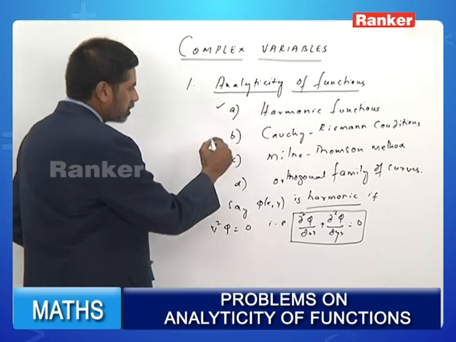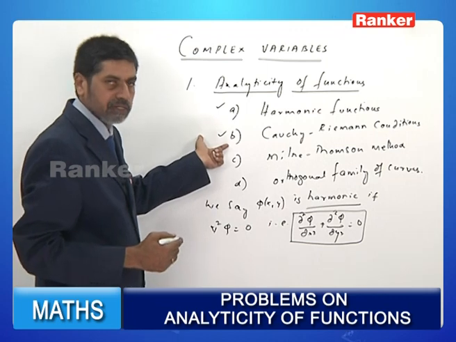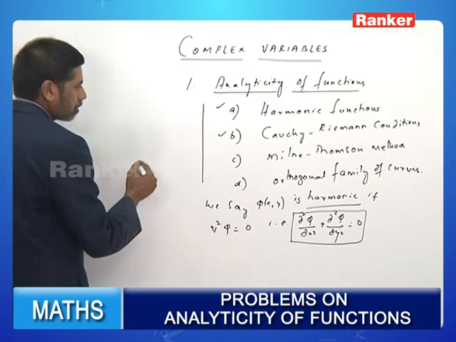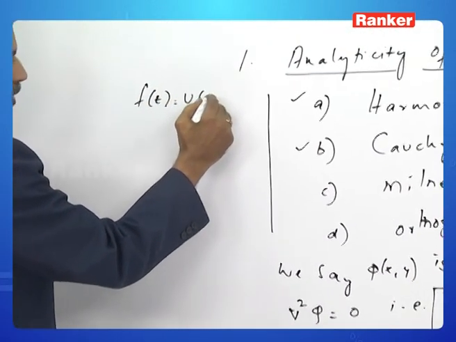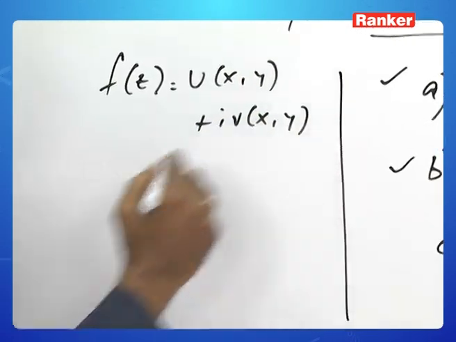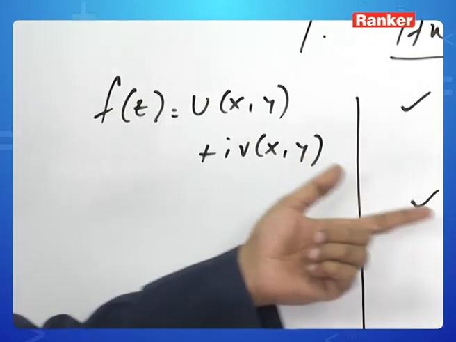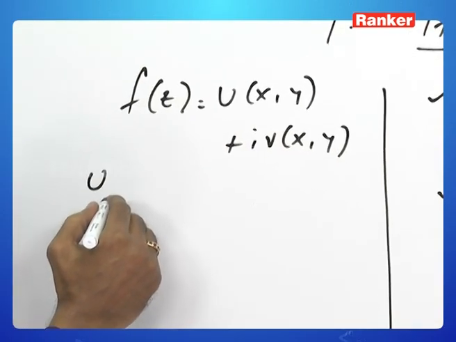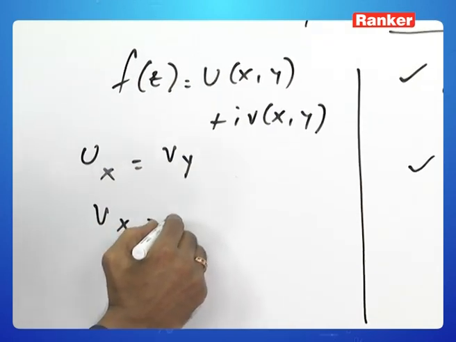Then Cauchy-Riemann conditions. Now these are the necessary conditions for a function to be analytic. For example, if you take f of z is equal to u of xy plus iv of xy, if this function is analytic, then the Cauchy-Riemann conditions are true. The Cauchy-Riemann conditions are ux is equal to vy and vx is equal to minus uy.